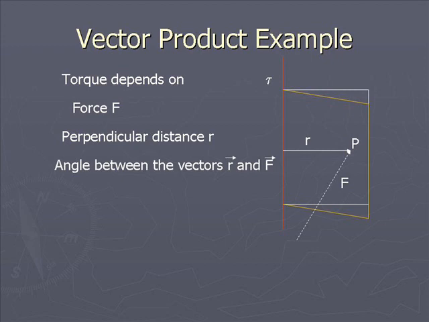It also depends on the angle between the position vector r bar and the force vector. That means you may apply a force normal to the door, perpendicular to the door, or you may push it in an inclined direction. When you push it in an inclined direction, the force needed will be more. In a perpendicular direction, the force needed is less.